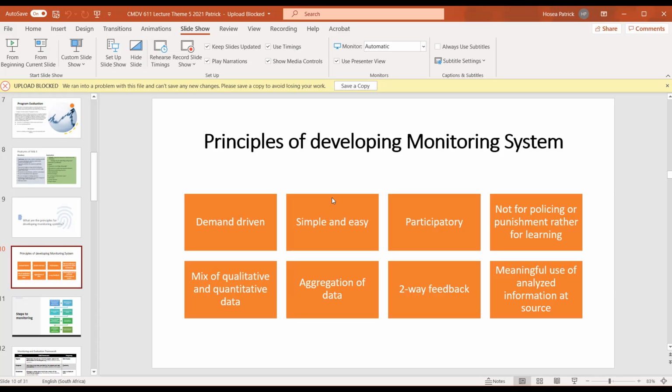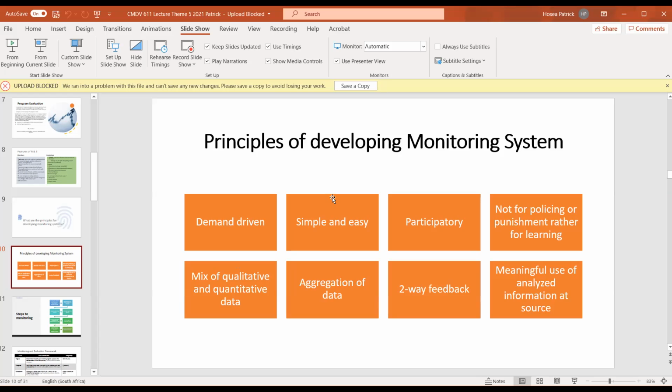But in designing your monitoring system, you must ensure that it's as simple as possible, right? There's always the mentality that the more complex it is, the more accepted it will be within maybe your stakeholders and the likes. But no, the idea is that it must be as simple and easy as possible.